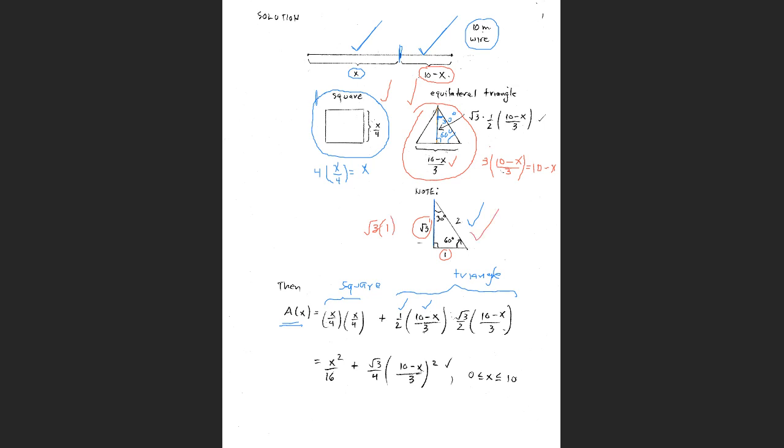Well, then if we go to the triangle I'm using in the problem, I don't have a 1 for my base.